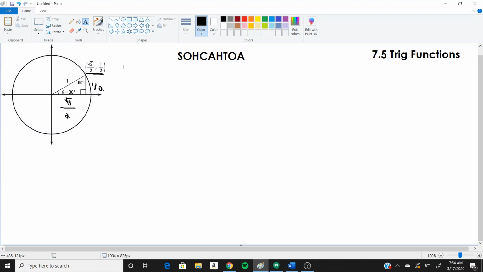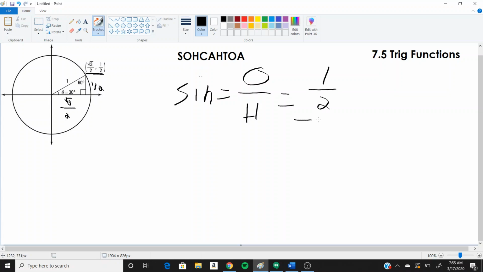So let's say we're looking for the sine of angle 30. Well, sine would be opposite side over hypotenuse, which is, opposite is 1 half, hypotenuse is 1.